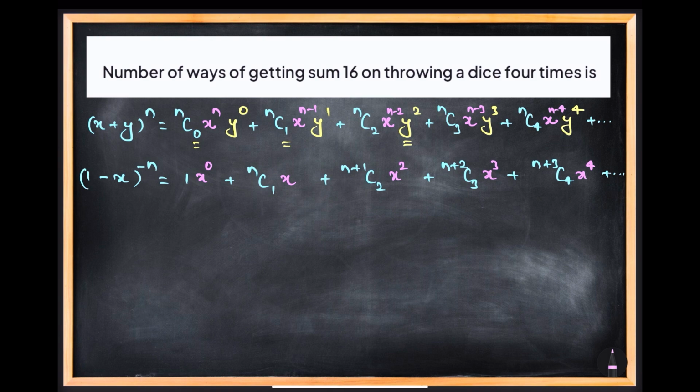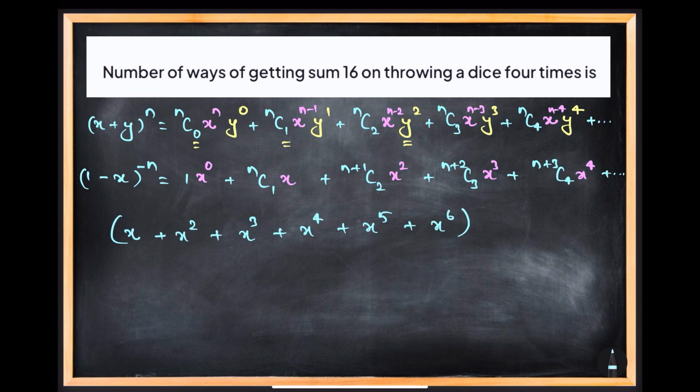So let's look at this. Let's backtrace the question. Suppose that you are throwing a dice. The dice is represented by x and the top face will be represented as the power of x. The top face can be 1, so x power 1, x power 2, x power 3, x power 4, x power 5, x power 6.